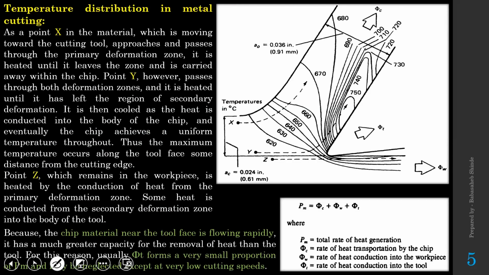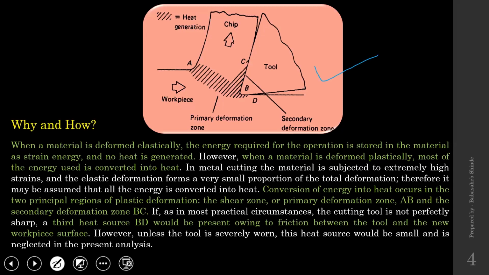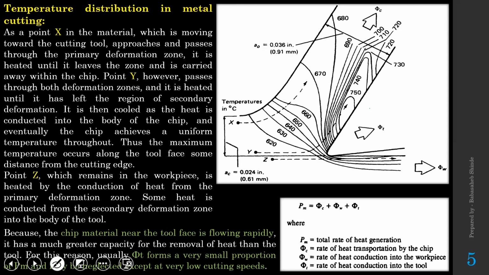Okay, next, distribution of the temperature. Now you need to relate this sketch with the earlier sketch. So I hope you remember that sketch so that you will understand the next sketch in a better way. So this is a cutting tool. This is the uncut chip thickness that after forming into chip becomes tc, that is chip thickness, and it flows along the rake face of the cutting tool.